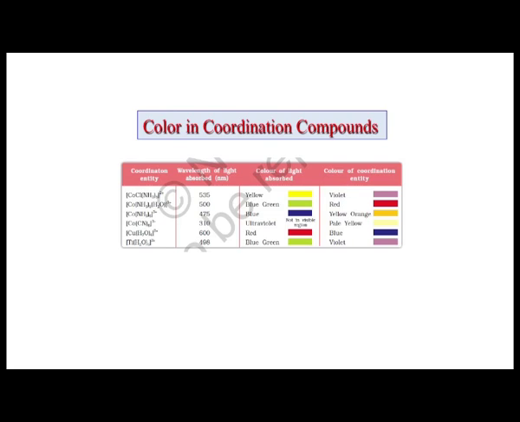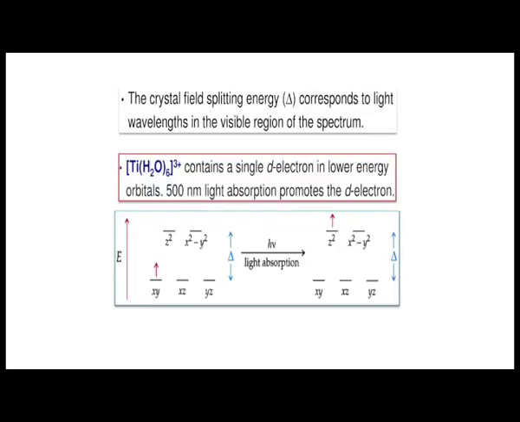And for the hexaaqua titanium, it is 495 nanometer, which is violet in color, and which is also characteristic. We can measure this 498 nanometer experimentally. So, a light of wavelength we have to measure with respect to the transition from E1 to E2, and that transition applies to the hexaaqua titanium compound, which is trivalent.